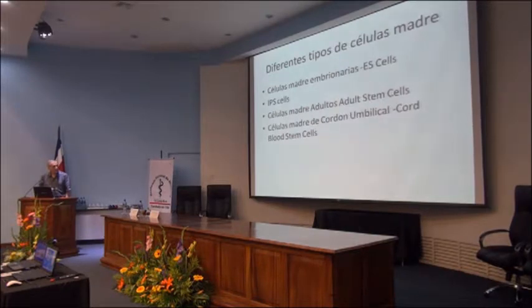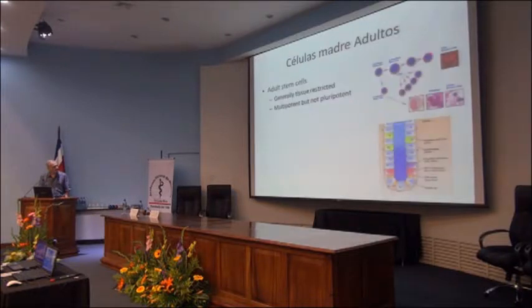Now, perhaps easier, let's take adult stem cells. What are adult stem cells? Adult stem cells are tissue restricted. They are multipotent, they are not pluripotent, meaning that they can give rise to their progeny.